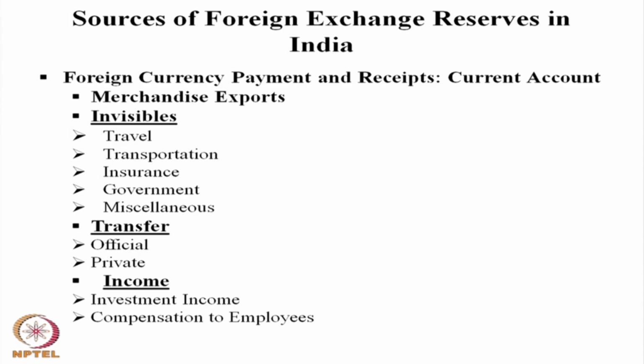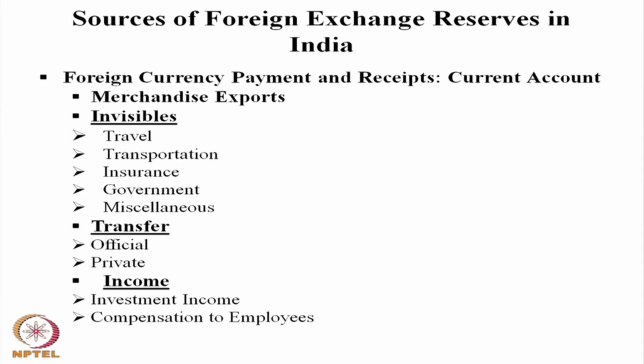Similarly, on the transfer side we have official transfer and private transfer. Similarly, we have the income side: when the government of India or any company invests abroad, gives loans or purchases foreign certificates and bonds, that gives some interest payment or dividend payment, and that is also part of investment income.